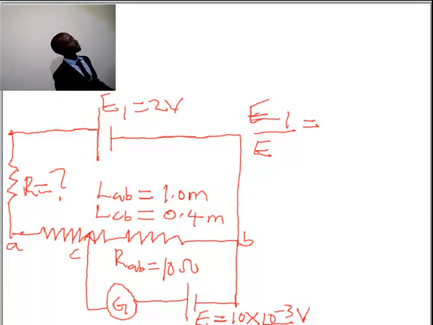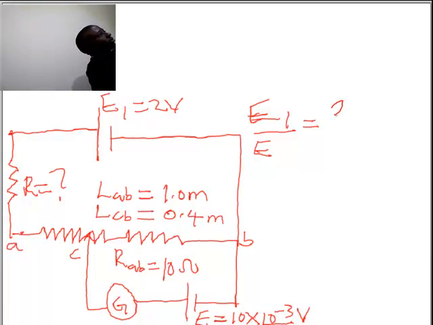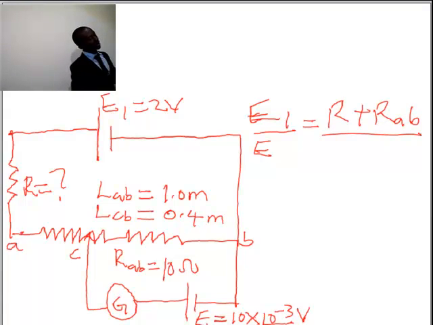In this case, E1's total resistance is the external resistance R and the resistance of the potentiometer, which is RAB, that is R plus RAB, divided by, in this case, the EMF E is balanced at point CB, the resistance RCB.